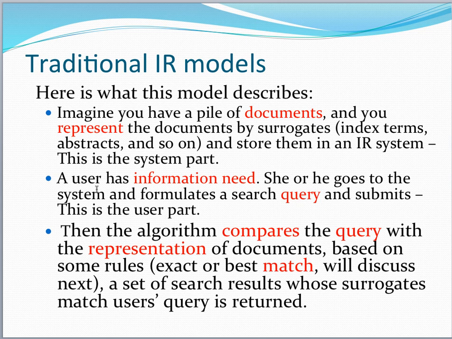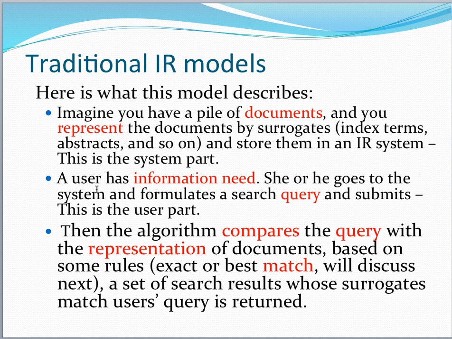Those are representations of those documents, and we call that surrogates, and store them in an IR system. That IR system is a database. Imagine a bibliographic database. Imagine one of the database providers, for example, EBSCO, Wilson, and Web of Knowledge, etc. And imagine one of the database, information science database, abstracts, for example.